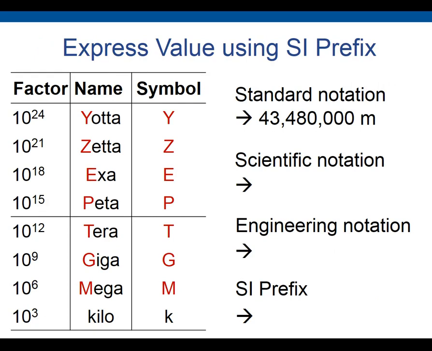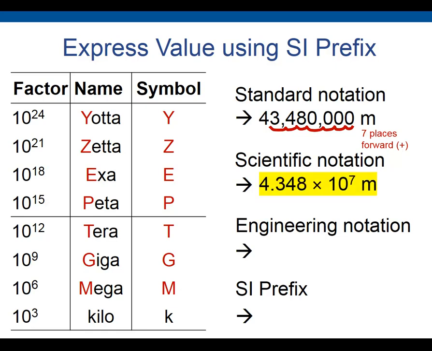So let's practice here. We have an SI prefix table, and we have a standard notation number of around 43 million meters. How can you convert this number into scientific notation? Count 1, 2, 3, 1, 2, 3, 1. So 7 places forward.